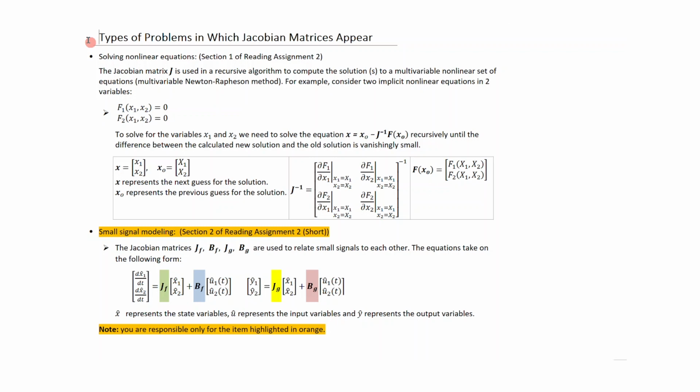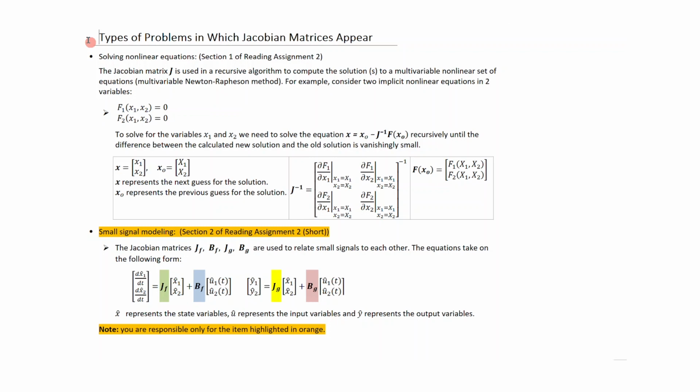This is equal to x naught, which is again a vector, where the components of the vector are a previous guess of a solution, given the labels capital X1 and capital X2, minus the inverse of the Jacobian matrix times f of x naught.